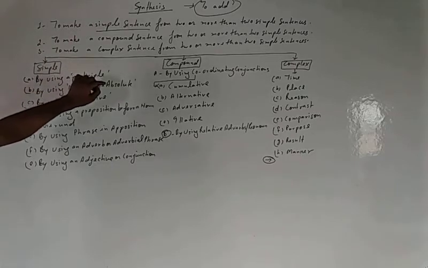Okay. So write down this chart, and now we will start reading them individually. At first we will read simple sentence, particularly by using a participle.